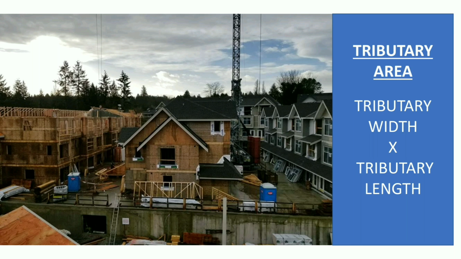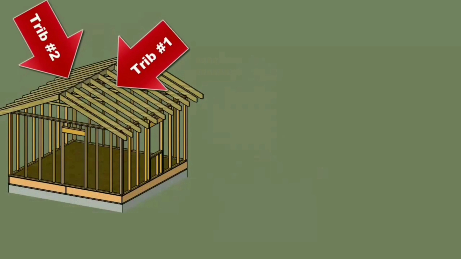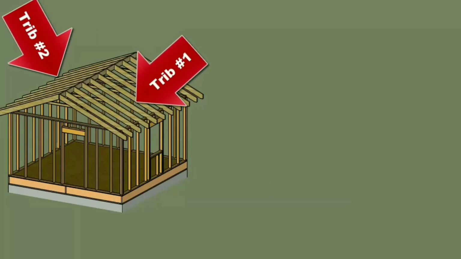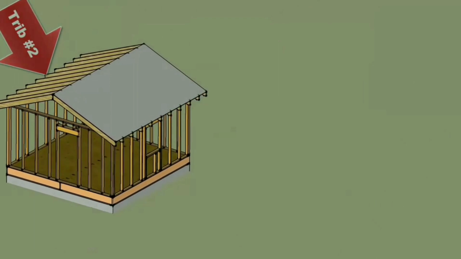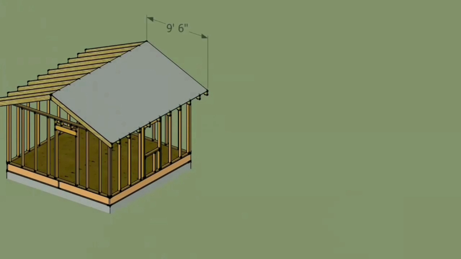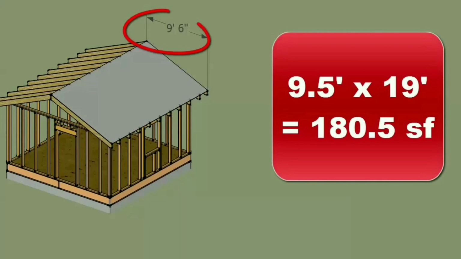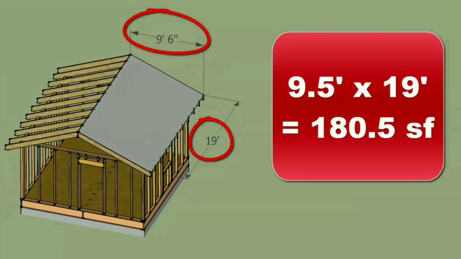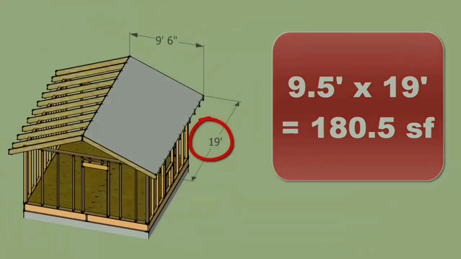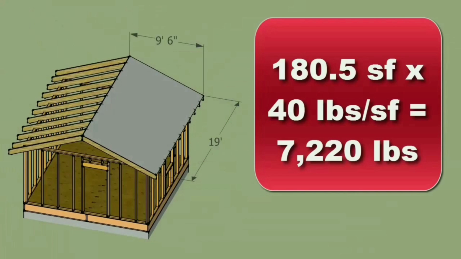The example with trusses or rafters with the ridge boards has two tributary widths, therefore two tributary areas. Each area is 9'6" tributary width multiplied by the 19 feet length for a total of 180.5 square feet.